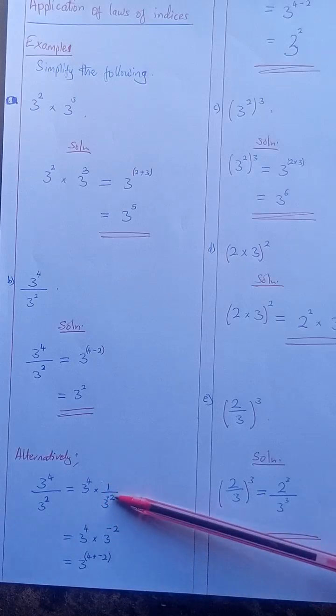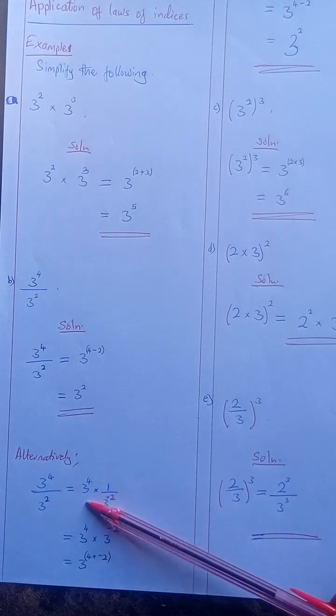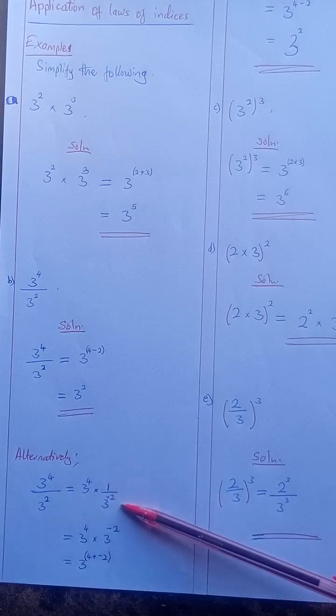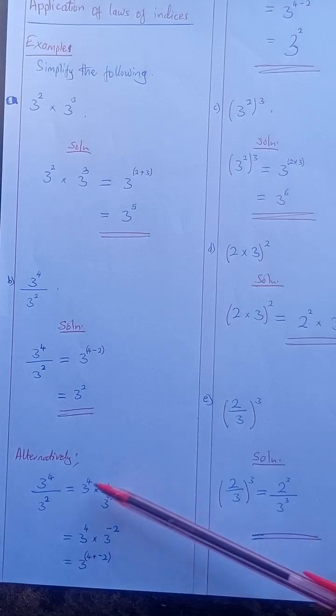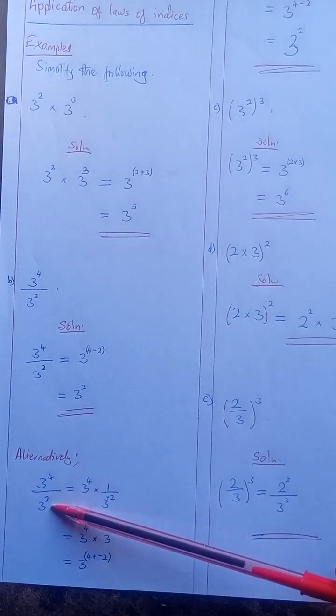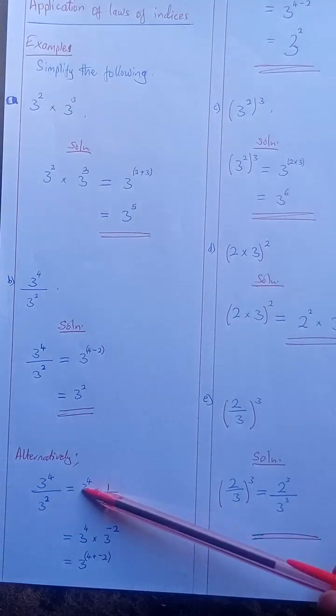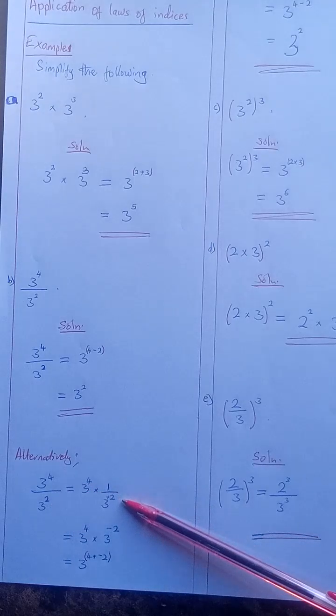So arrangement doesn't matter. Here we are proposing to write the numerator first, then you multiply by 1 out of the denominator. Because when we multiply the numerators back and denominators back, we shall get the initial number which was given.